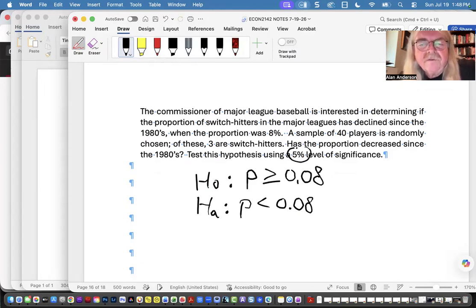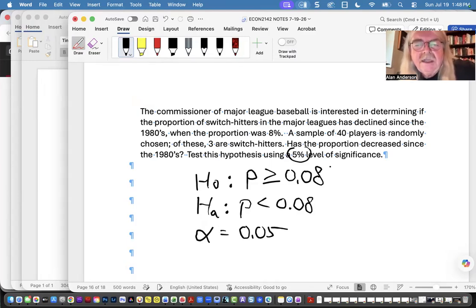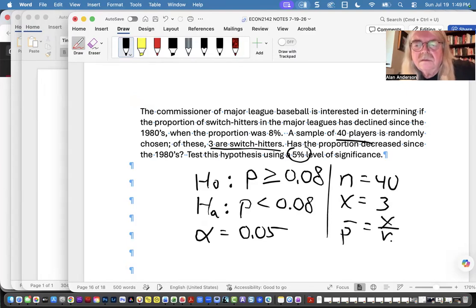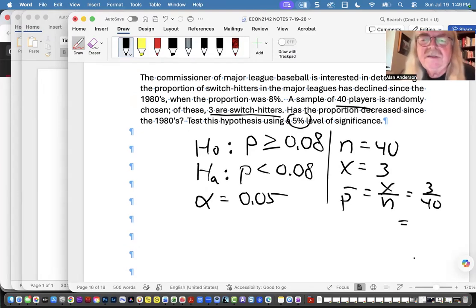Alpha is 0.05, and we know that the sample is 40. Three are switch hitters. And 3 over 40 is about 0.075.